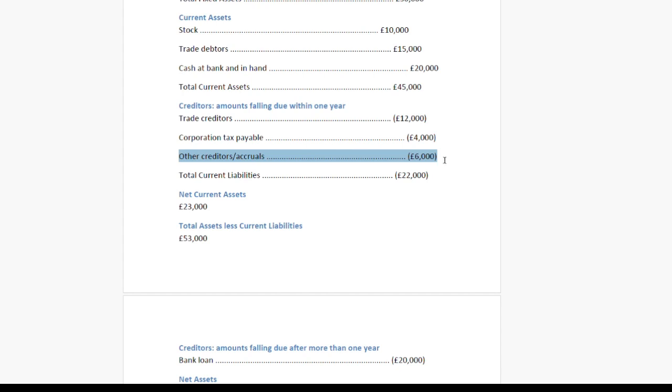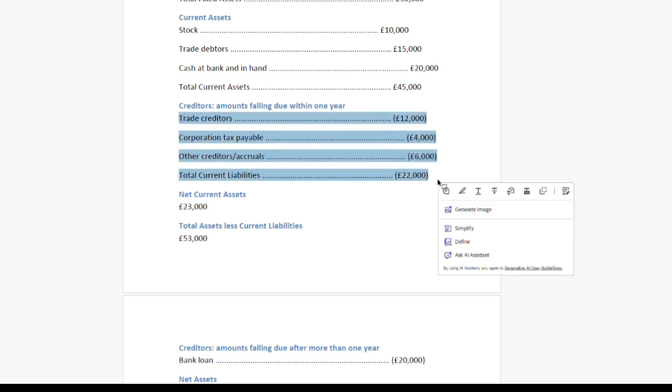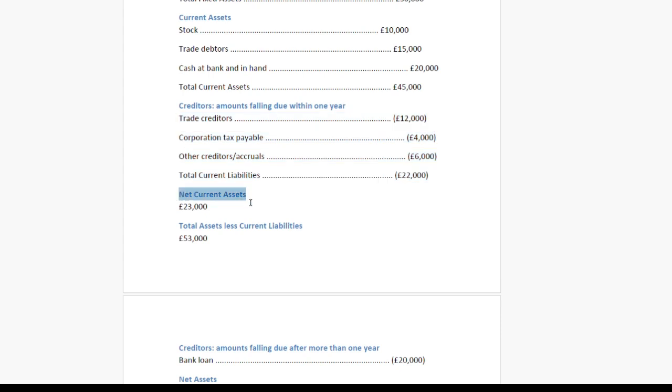And then all those things sum down to give you total current liabilities. So if you take your current assets less your current liabilities, in this case we've got a positive position of £23,000, and that's a sign of a healthy business, because what it's saying is at the moment this business can cover its liabilities. It's got enough in its current assets to cover its liabilities.